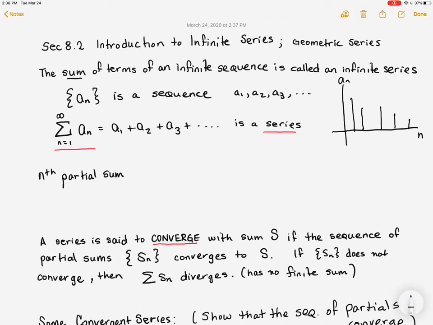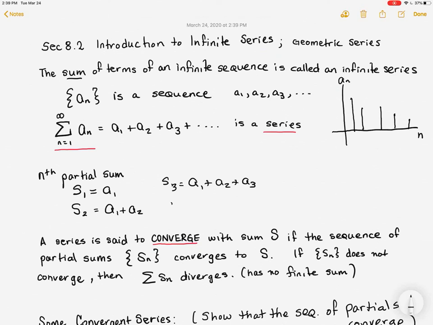The partial sums of a series is what it says, the sum of the first so many terms. So the first partial sum is just the first term. The second partial sum is the sum of the first two terms. The third partial sum is the sum of the first three terms, and so on.